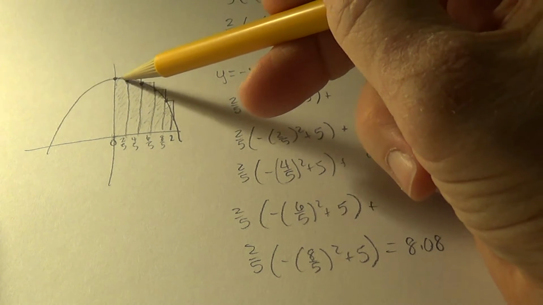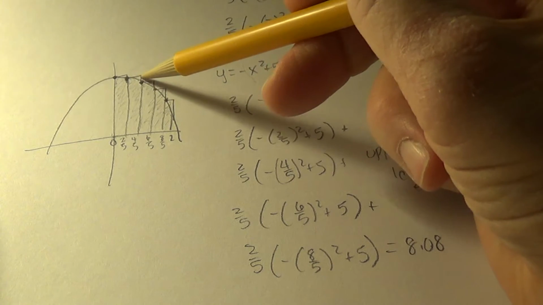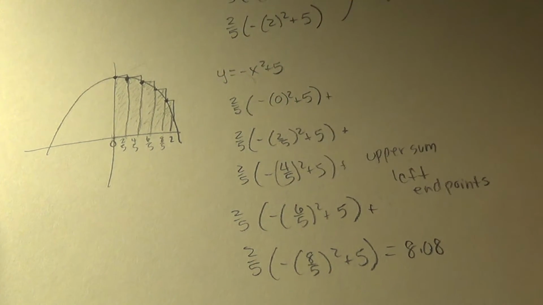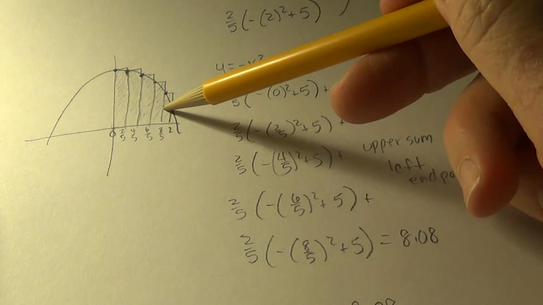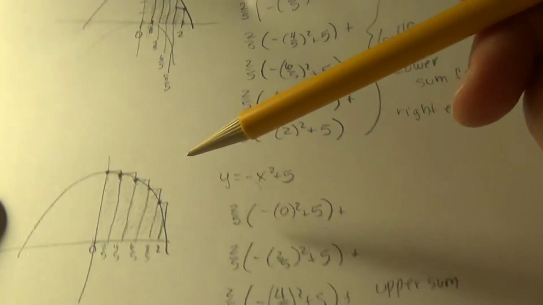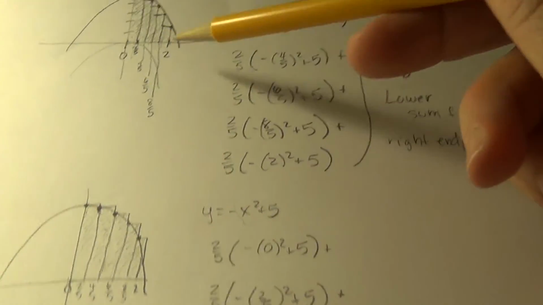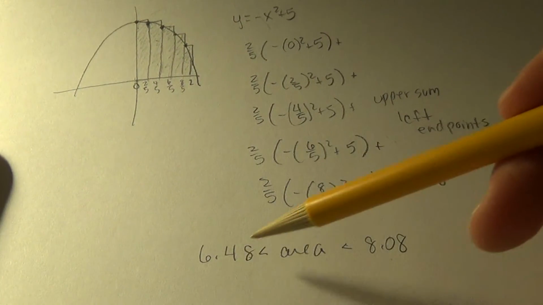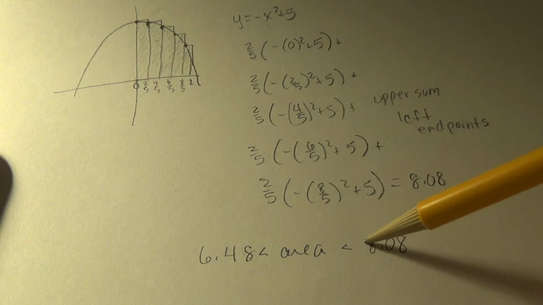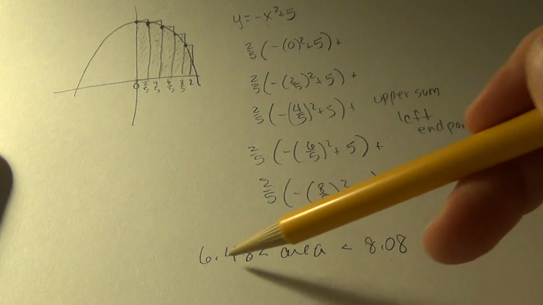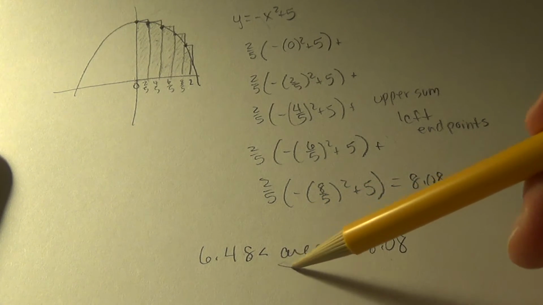All the box tops, we'll call it, will hug the graph a little closer and will give you a better approximation, both on the upper and the lower, the left endpoints and the right endpoints. The lower sum will get closer and the upper sum will get closer, and it'll sort of squeeze into the true area.